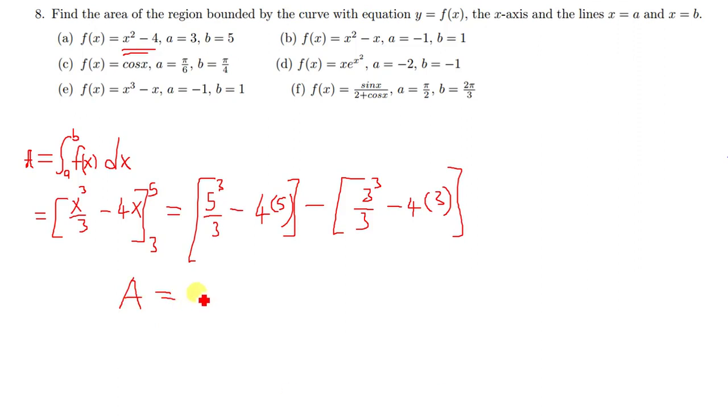Simplifying, this part gives you 65 over 3, then this last part gives you negative 3.